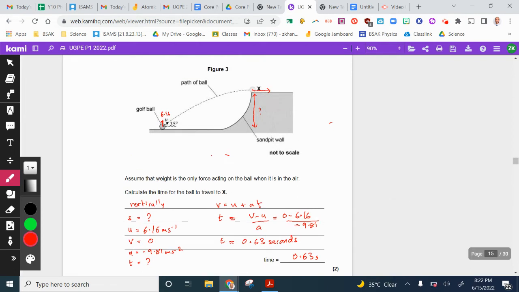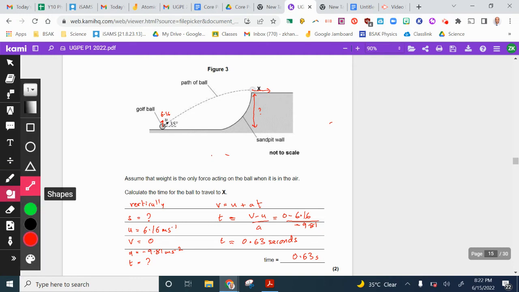Acceleration is equal to minus 9.81, which we know is in the vertical direction, acceleration due to gravity, and the time is an unknown as well, and that's what we want to work out.